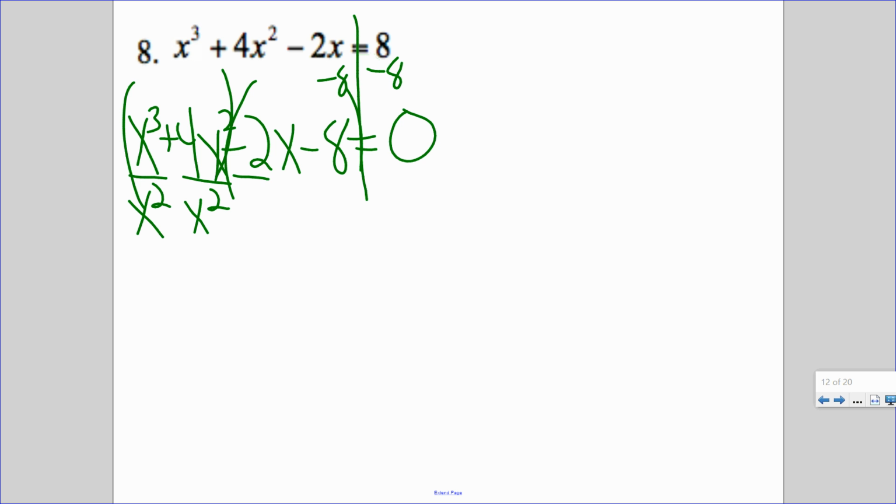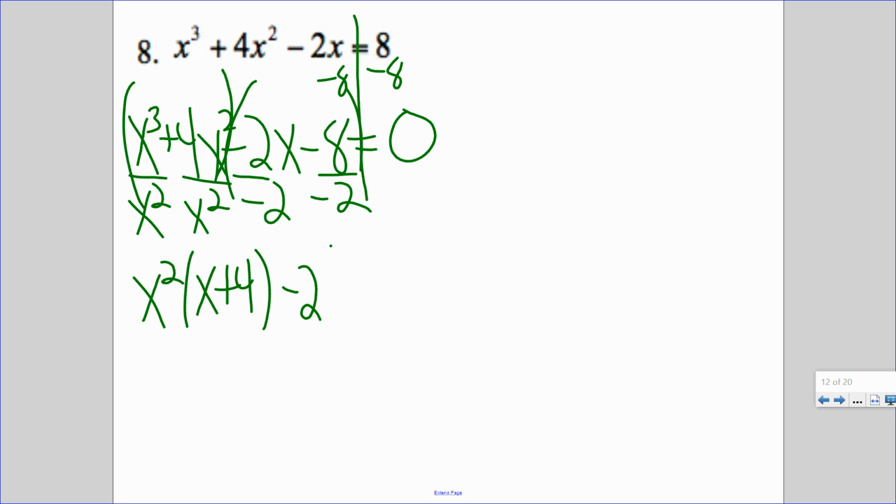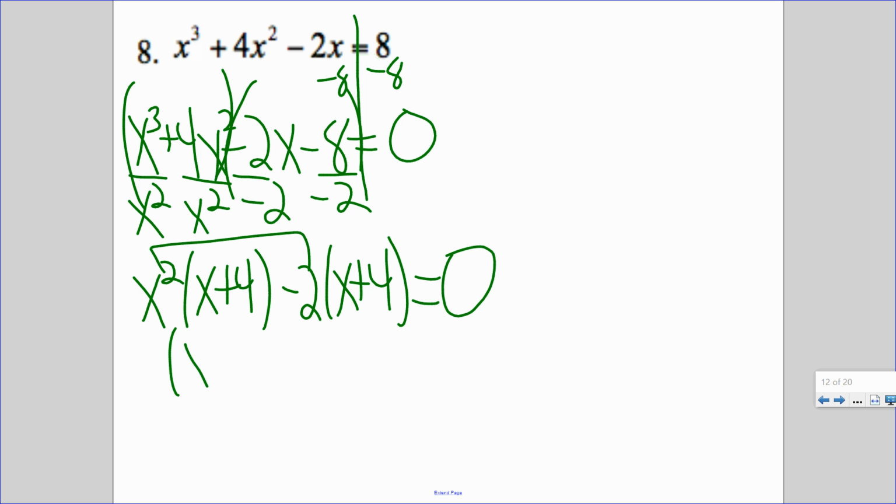x squared, negative 2, negative 2. So it's x squared, x plus 4, minus 2, x plus 4. Combine the coefficients: x squared minus 2, x plus 4.